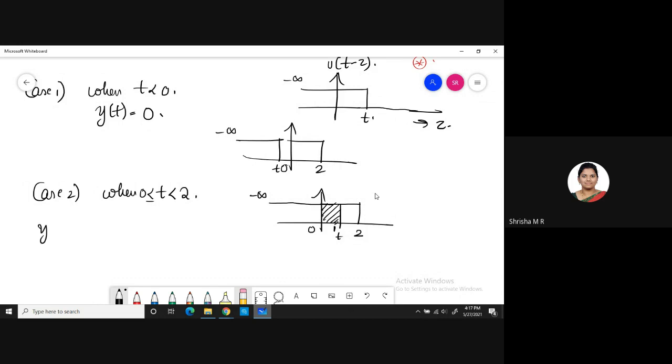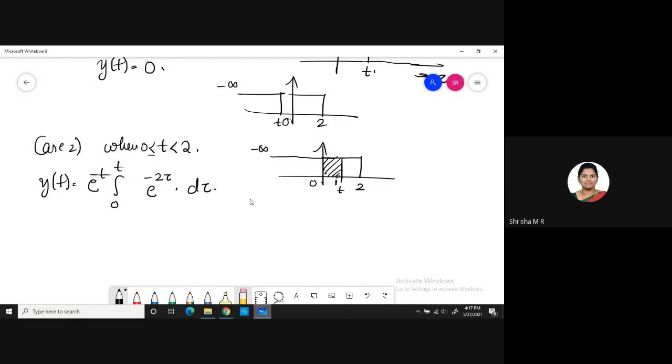So your y of t will be equal to the integral. We have e power minus t term also. e power minus t, integral 0 to t, e power minus 2 tau d tau. Solve this integral.